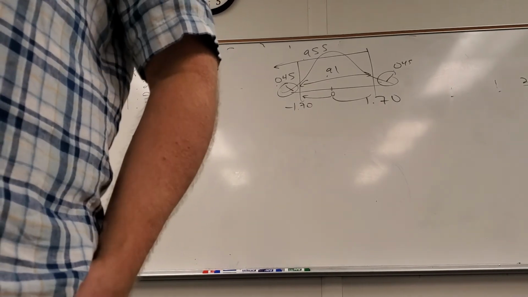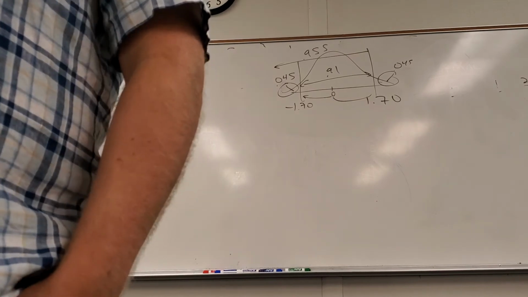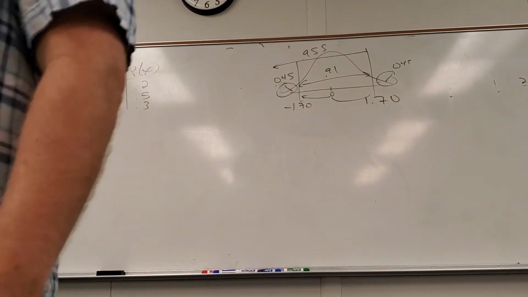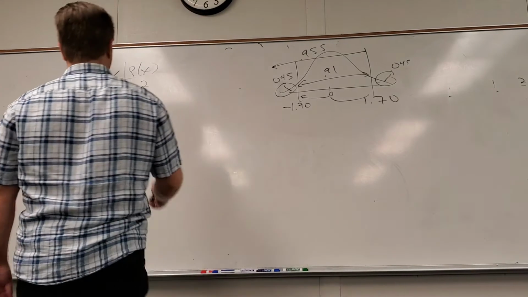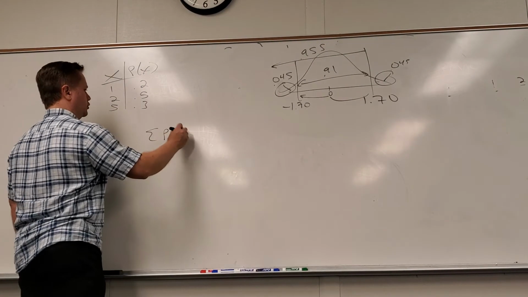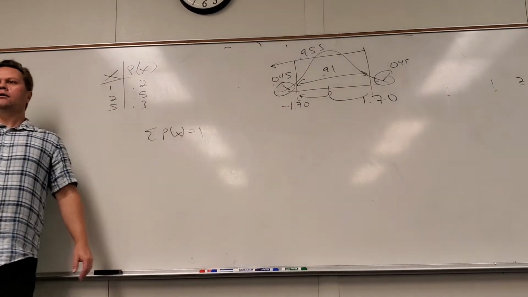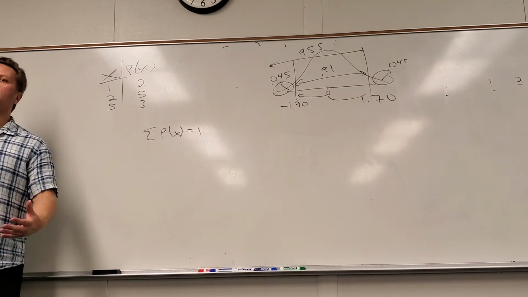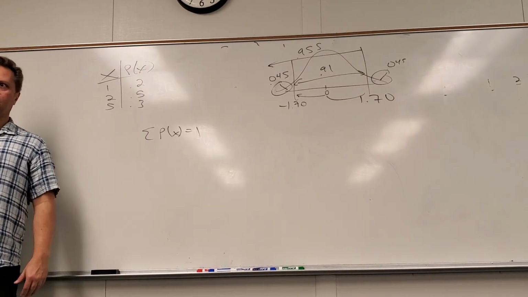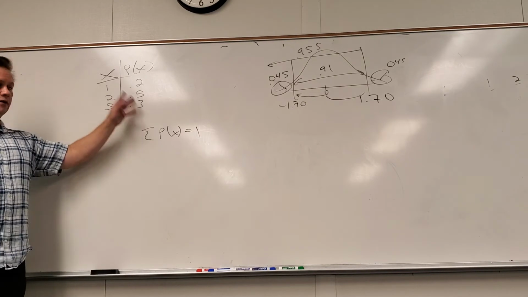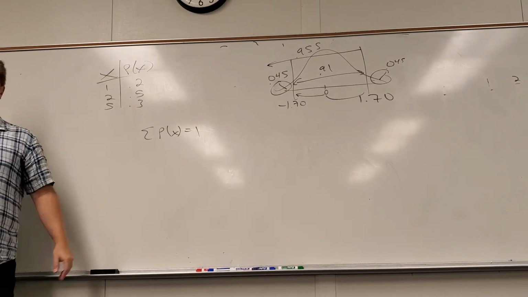They won't. Of course they won't. Because otherwise I'm just going to get people that just memorize and write this down. What you're supposed to do is check that. Check it. So I'm going to make it so that on the test, these will not add up to be 1.